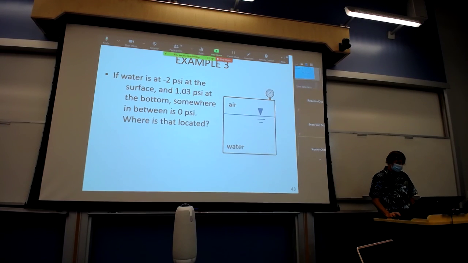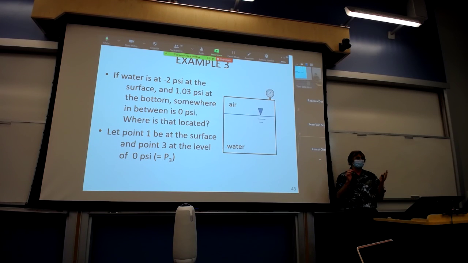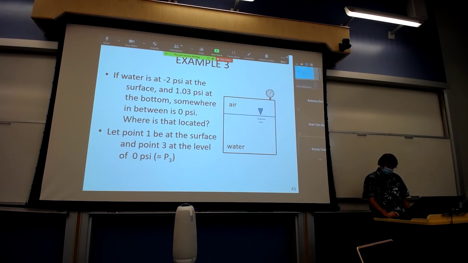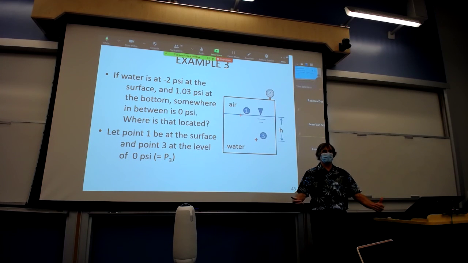So we're on the same example, and I know I've got 1 minute left. The same thing that I just indicated, we could calculate the exact location where you have 0 pressure. So in this case, all we would say is, what's the distance down to a location where we have P equal to 0? In the last problem, we knew an elevation and we wanted to know the pressure.